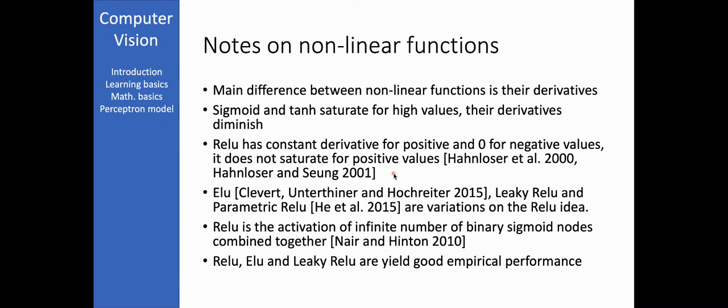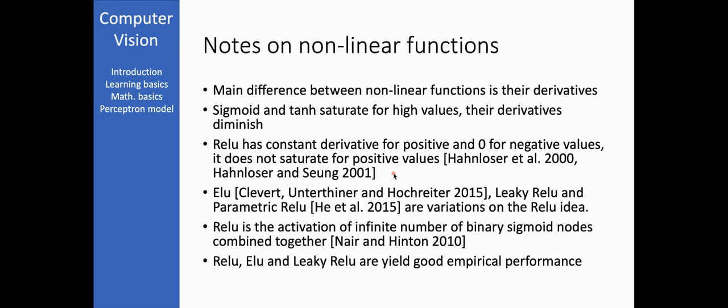We will see when we talk about backpropagation that non-diminishing derivatives are quite useful. So the ReLU has a constant derivative for positive values, and it doesn't saturate for positive values at all. ELU, leaky ReLU, and parametric ReLU are all variations on the same idea.